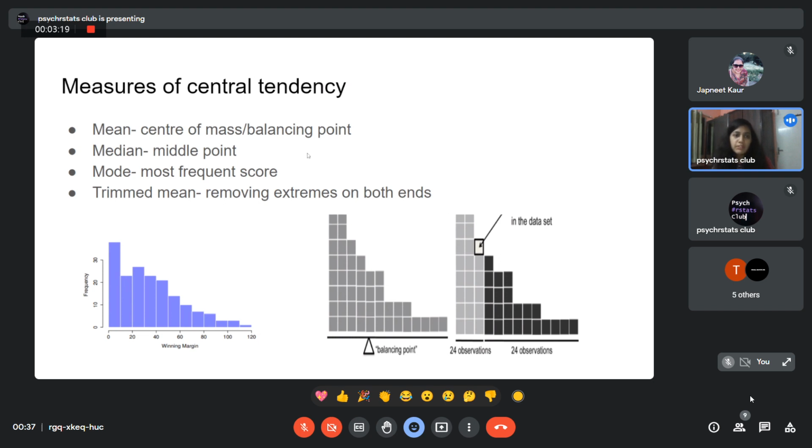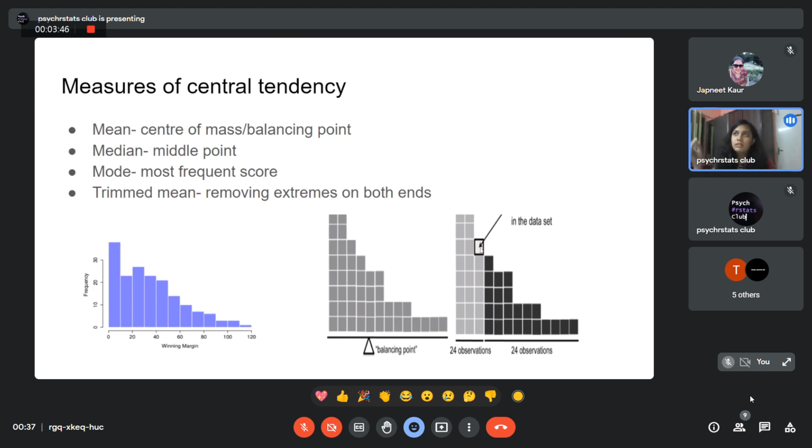When you look at these two graphs, if you want to see the difference between mean and median, you can consider the mean as a balancing point. So here, this is the balancing point. But the median is the middle of the data, so this here would be the middle.